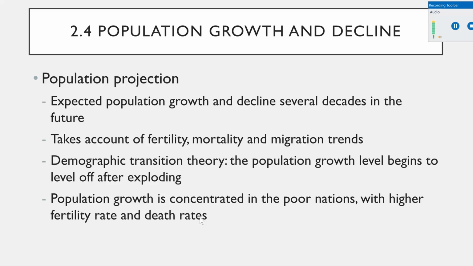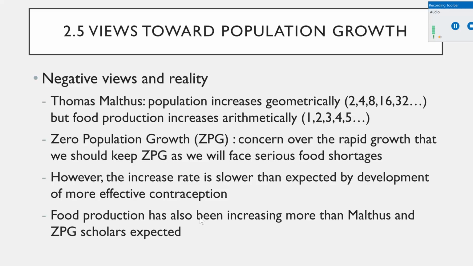Population growth is concentrated in the poor nations with higher fertility or death rates internationally, but in the US it doesn't have a very clear pattern. There are various views toward population growth. In the early period of demography, in the 18th century or early 19th century, there were more negative views toward population growth because of concern about the scarcity of resources, especially food or natural resources.